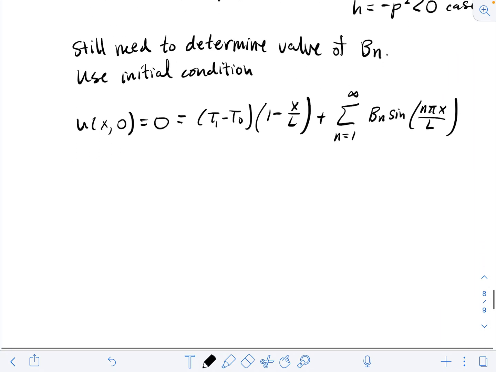Now we're going to use a trick, and you may have recognized this trick from analyzing Fourier series.